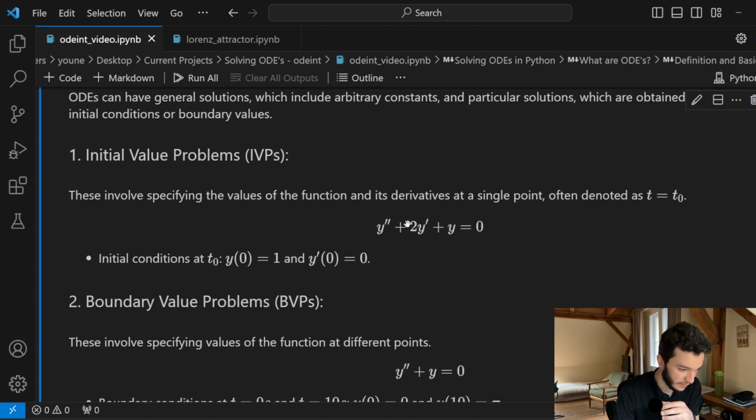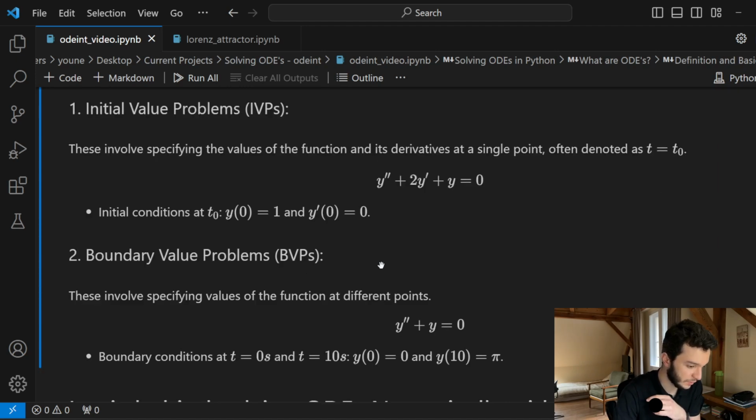For example, here it is y'', so the order of this equation is second order. Now all the elements before that, so the first order and the zeroth order, have to be identified at t equals 0 or x equals 0 or any initial condition. For example, here we have y(0) equal to 1 and y'(0) equal to 0.